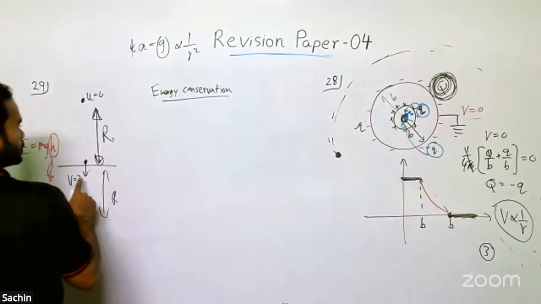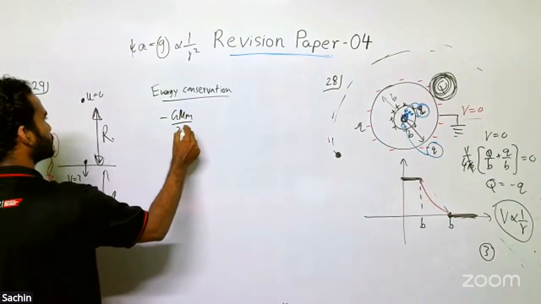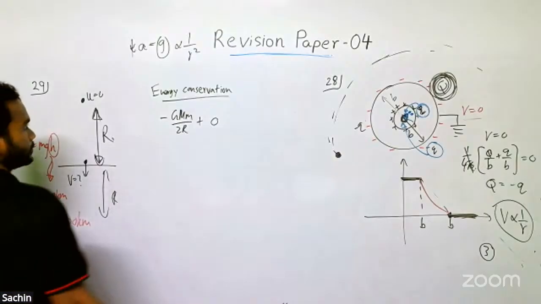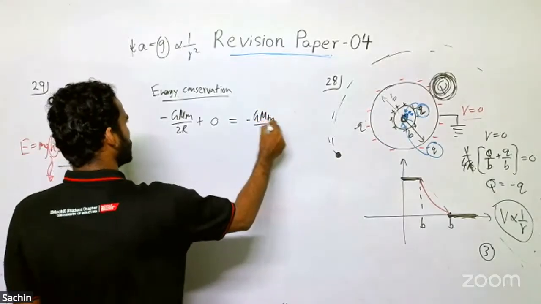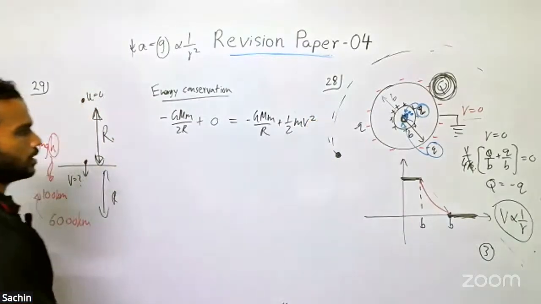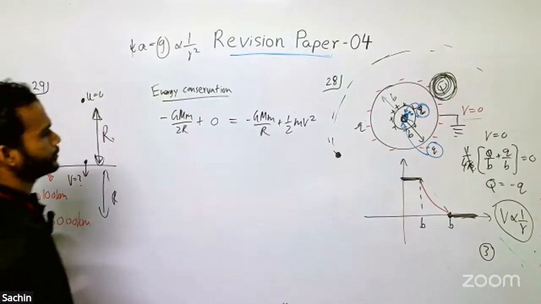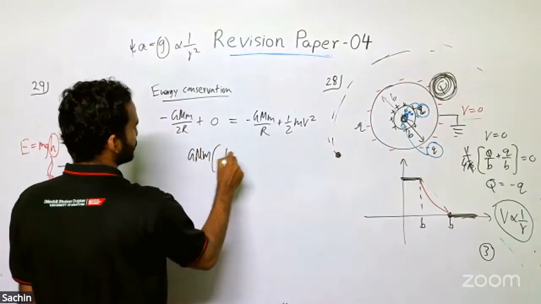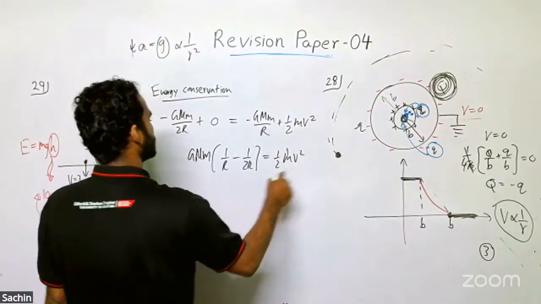Okay, so the potential energy at this point, minus GMm over 2R, plus the kinetic energy 0, is equal to the potential energy at this point, that is minus GMm over R, plus half mv squared, that is the kinetic energy at this point. So we write the equation GMm (1 over R minus 1 over 2R) is equal to half mv squared. m gets cancelled.